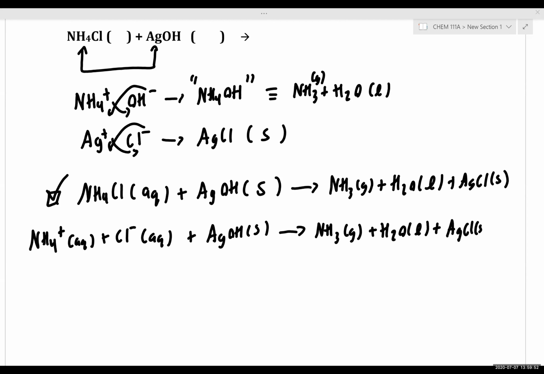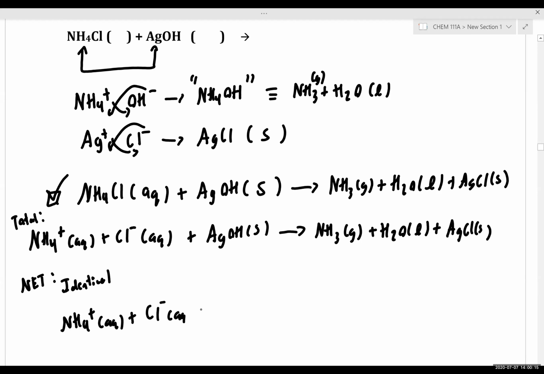So we've dissociated all of our soluble ionic compounds, strong acids and strong bases, and this is our total ionic equation. The net ionic equation, since there are no spectator ions, is identical. Our net ionic equation just looks exactly the same as our total ionic equation.